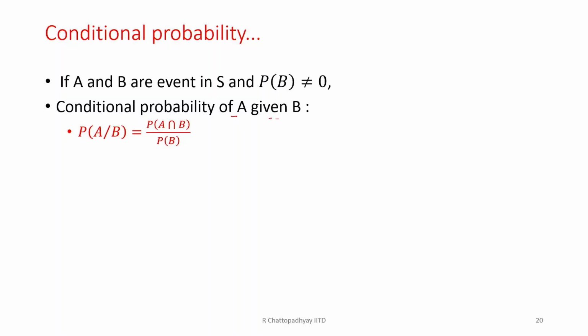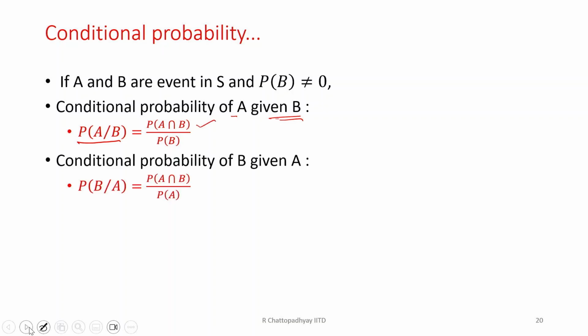So conditional probability of A given B is written as P(A/B), and by formula we can write it as P(A intersection B) by P(B). This also can be proved. Or the conditional probability of B given A, we write it P(B/A). The numerator remains the same, P(A intersection B) by P(A).